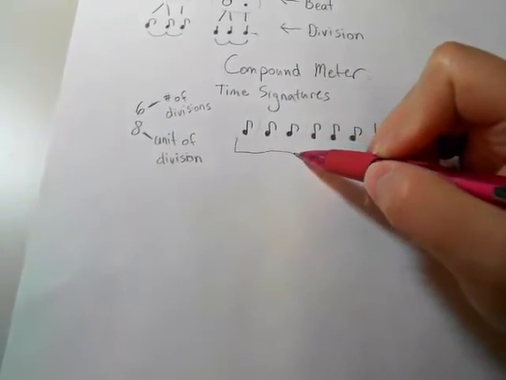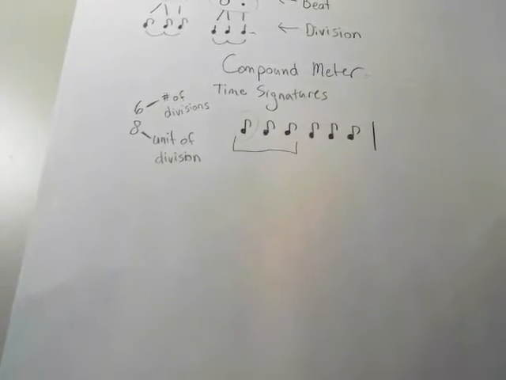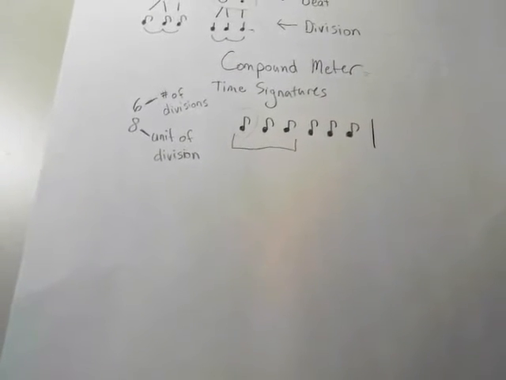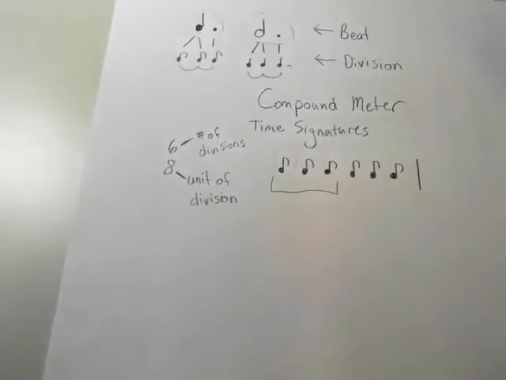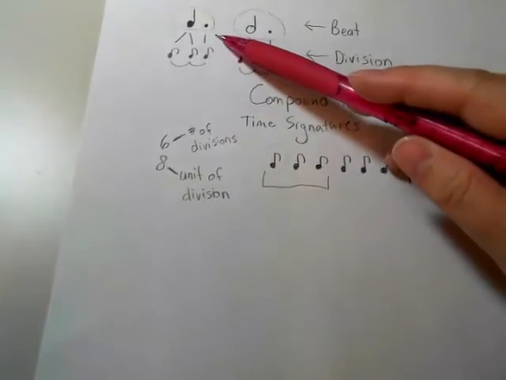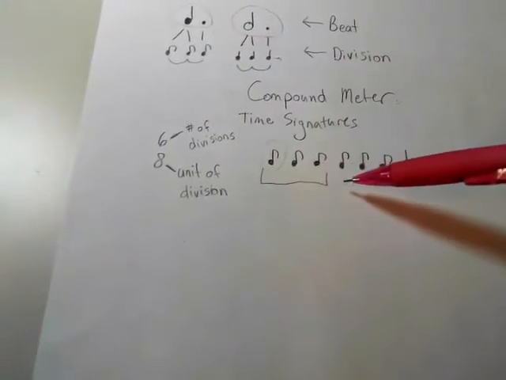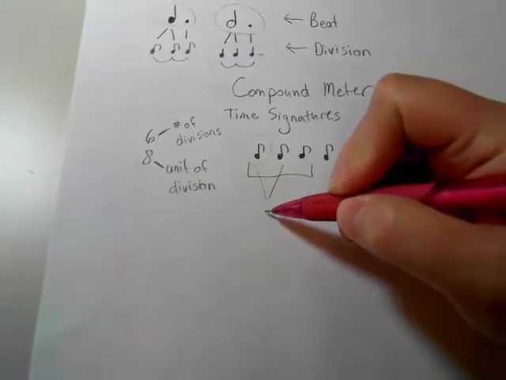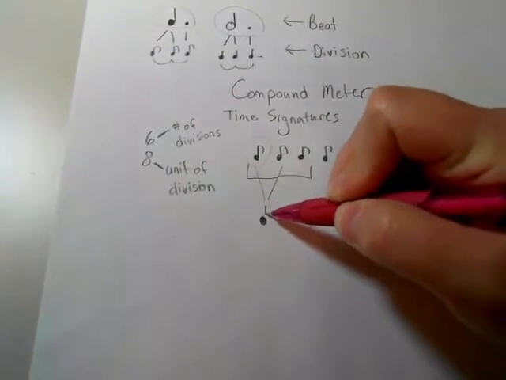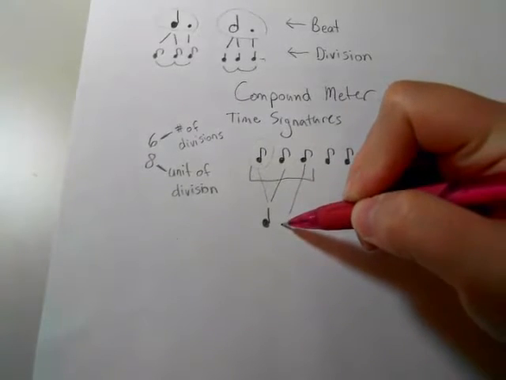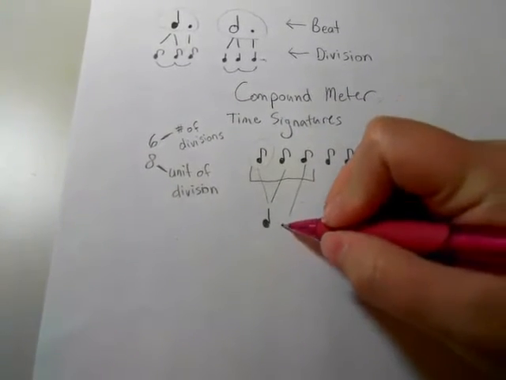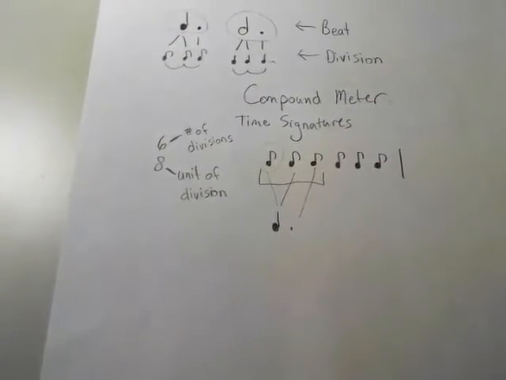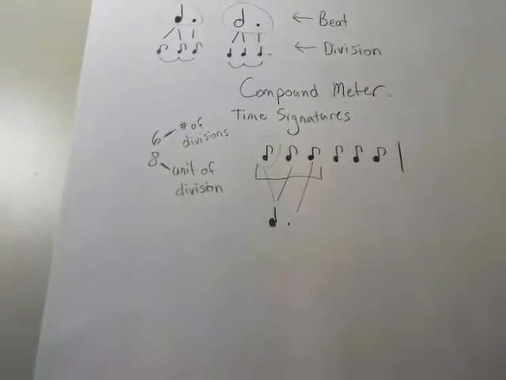That means that 3 eighth notes make up one beat. Now we showed up here that 3 eighth notes combine to make a dotted quarter note. That means for 6/8, the unit of beat is a dotted quarter note.